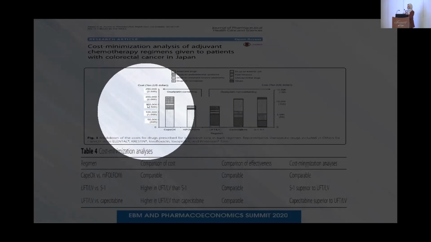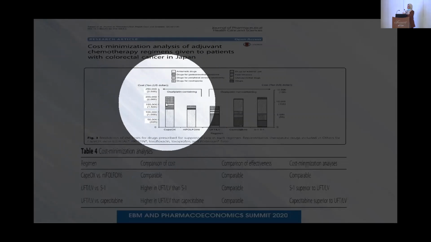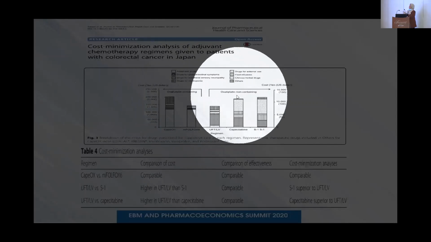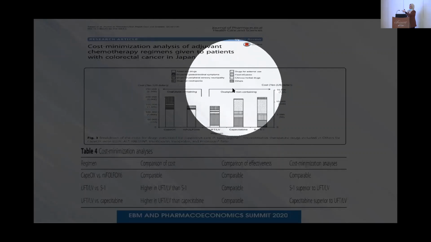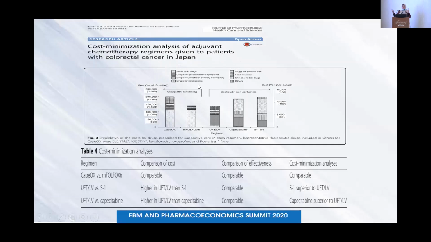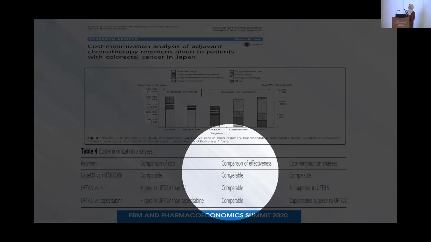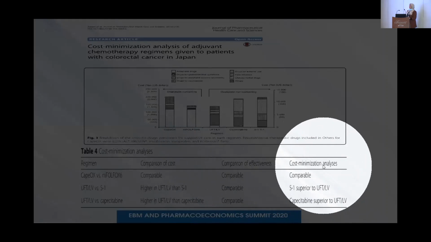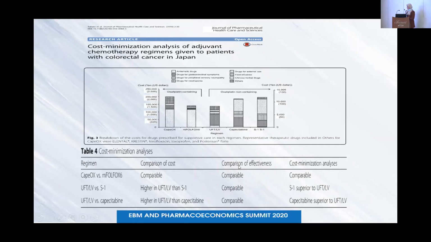So they compared the cost between these two regimens because they have the same effectiveness, and then they compared these three regimens because they also have the same effectiveness. But they didn't compare between these two different groups because they have different effectiveness outcomes, as you can see here in the table. Effectiveness should always be comparable, and the only thing that we need to focus on is the cost.